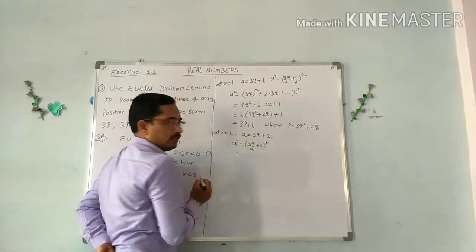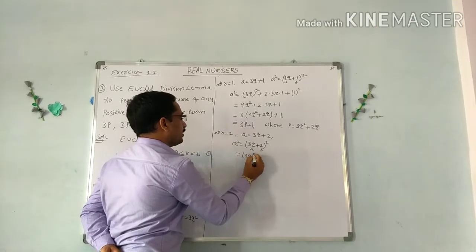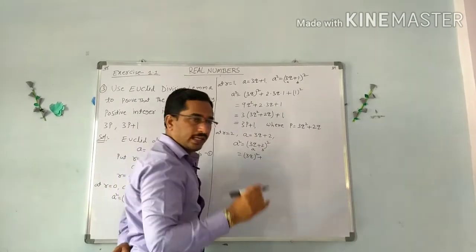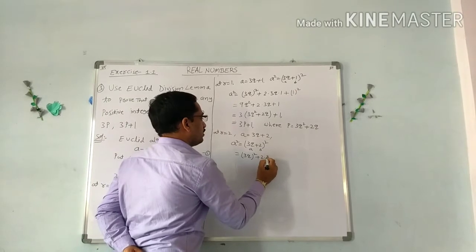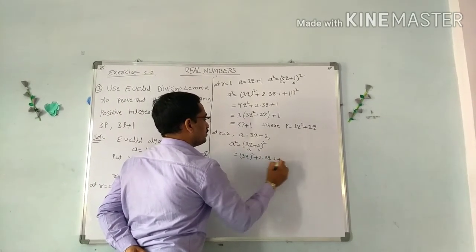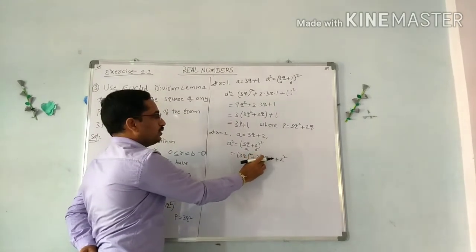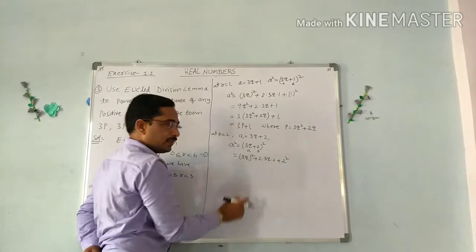A value 3q, b value 2. So 3q whole square, a square, plus 2ab, 2 into 3q into b, b value 2, plus b square, 2 square.